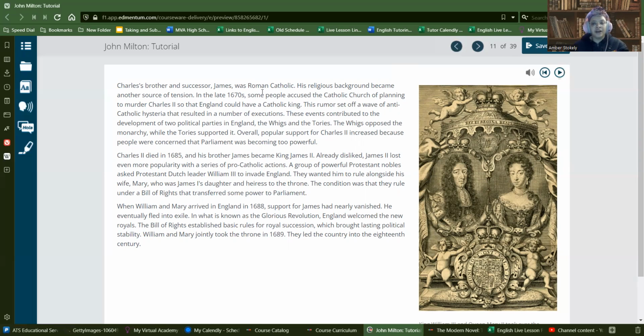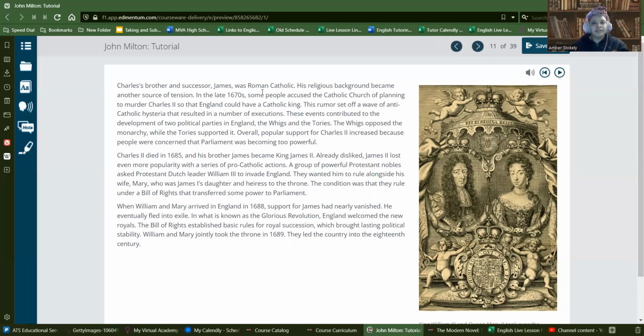Basically, that rumor set off a lot of hate campaigns against the Catholics, and a lot of people were executed. And these events were basically what contributed to the formation of the two biggest political parties in Britain, the Whigs and the Tories. So the long story short here is that the Whigs opposed the monarchy, so they were against the kingship, and the Tories supported it.